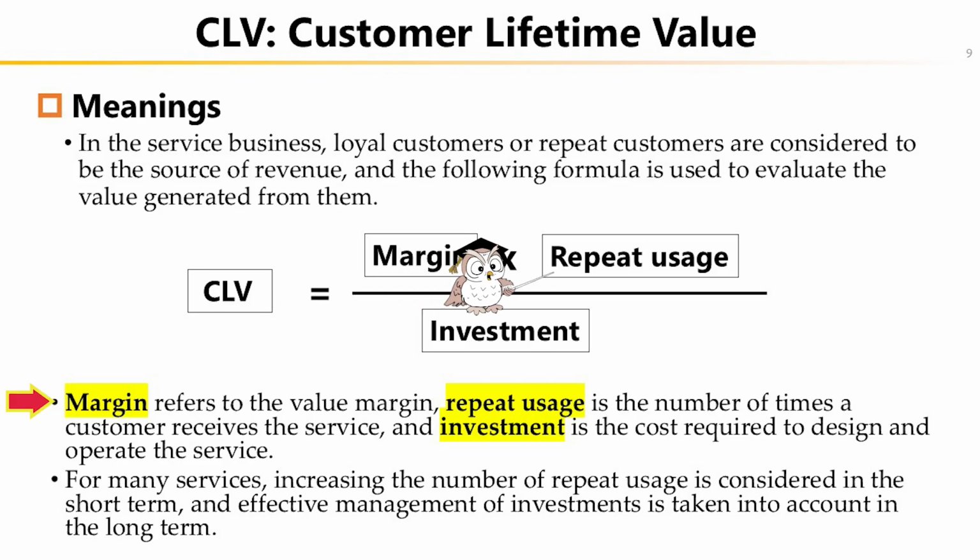Repeated usage in the numerator is the number of times a customer receives the service, and investment in the denominator is the cost required to design and operate the service. For many services, increasing the number of repeat uses is considered in the short term, and effective management of investments is taken into account in the long term.